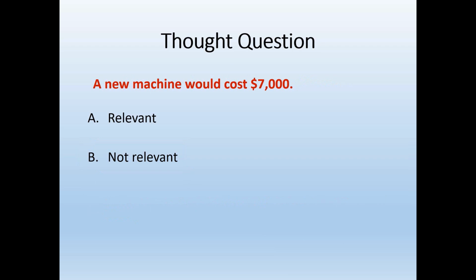A new machine would cost $7,000. Is that relevant? Yes, it is. If the firm decides to keep the old machine, it won't incur this cost. But if the firm decides to buy a new machine, then it will have to spend the $7,000.